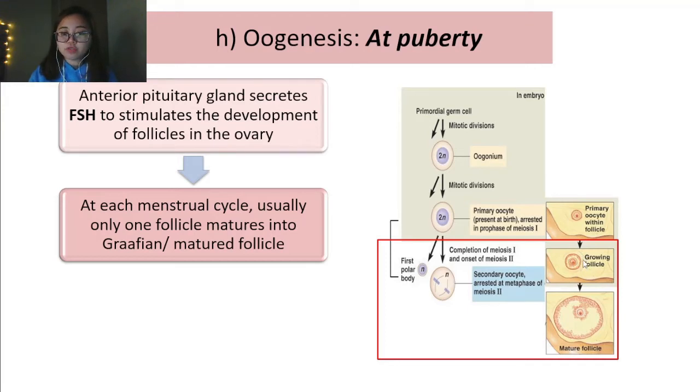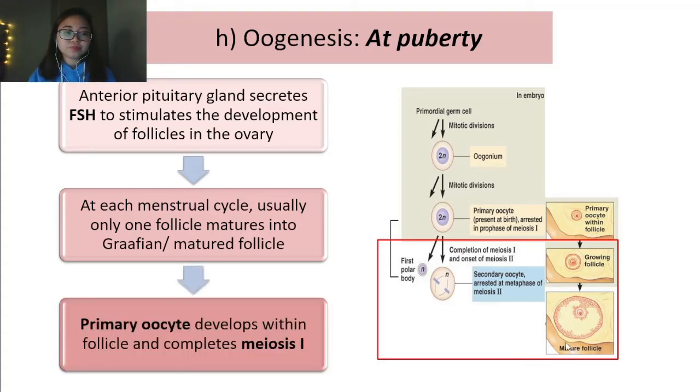Primary oocyte dengan follicle dia tu akan membesar, membentuk, perlahan-perlahan dia akan menjadi mature follicle yang besar di bawah ini. Mature follicle ini kita boleh panggil dia sebagai follicle matang, mature follicle, or we can call it the name that the scientists give, okay? Boleh juga gelar sebagai Graafian follicle. Sebab mungkin saintis yang duluan kaji ini, nama dia ada perkataan graph.